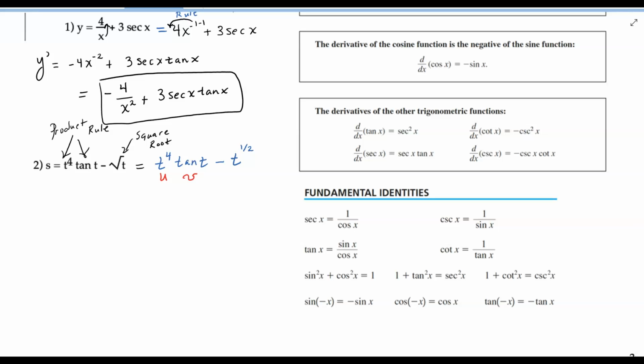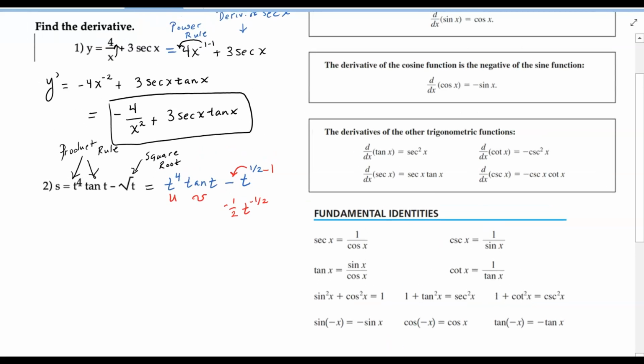If I look here, I've got a negative t to the 1/2. So what I'm going to do is bring the power down. I'm going to have negative 1/2 t, and I'm going to subtract 1. 1/2 minus 1 is negative 1/2. Think about that. And that's the derivative there, and you can clean it up by saying this means it's a square root in the denominator.